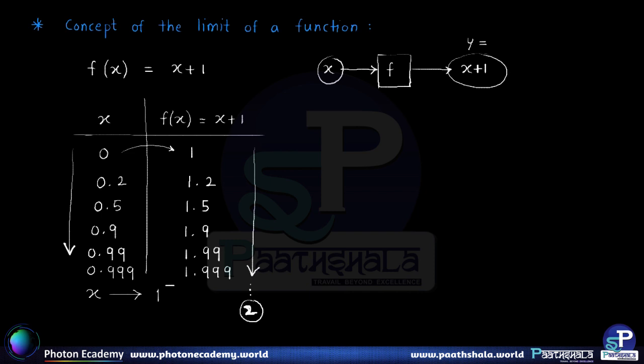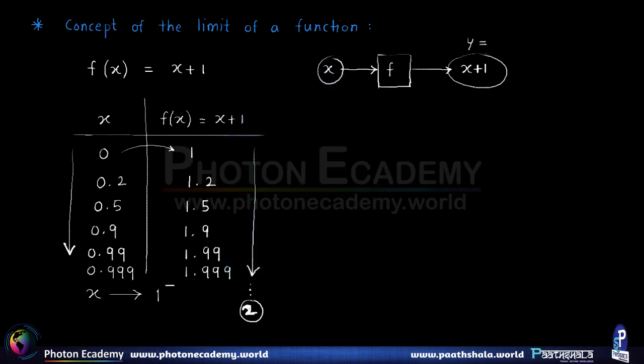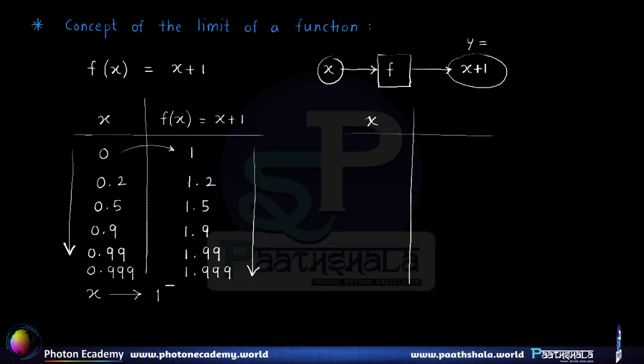It is very clear from the table that f of x becomes closer to the value 2. Now let us consider the other possibility: we will make x closer to 1 but through values greater than 1. So now we want to see the behavior of the function as x tends to 1 plus.